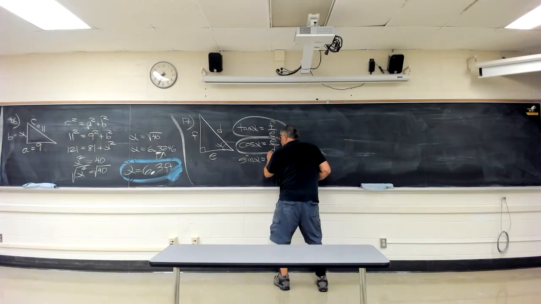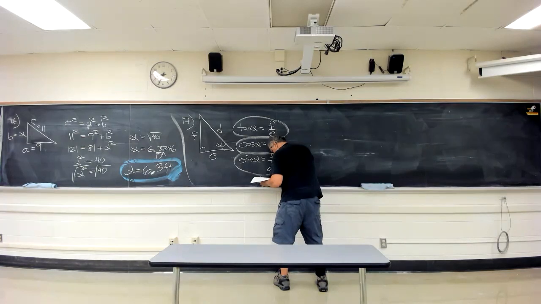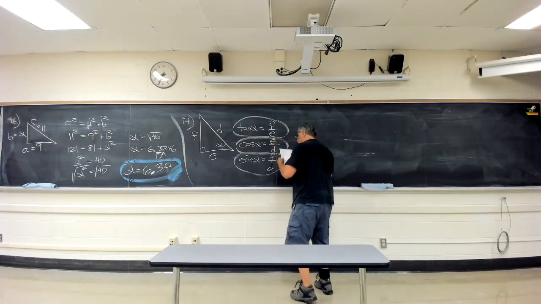We should be fine. We can look at it just to be certain here. Right. F over E, E over D, F over D. We're fine. That's 17. Let's look at 18.